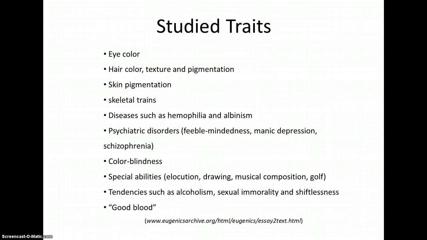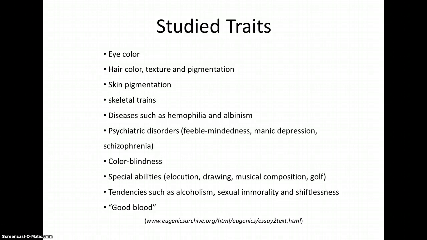Scientists studied different physical, emotional, and psychological traits. Everything from eye color, hair color, texture, and pigmentation, color of your skin, what type of skeleton you might have, the length of your arms, etc. Diseases that were frowned on, that were hereditary, such as hemophilia and albinism, or being an albino. Psychiatric disorders were looked at.